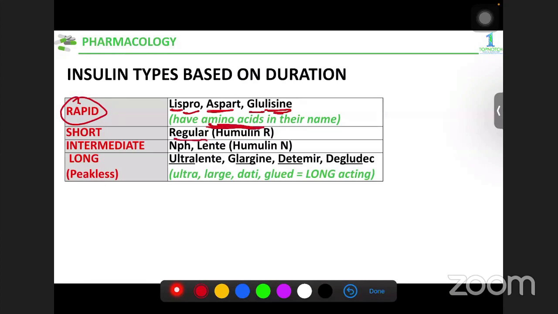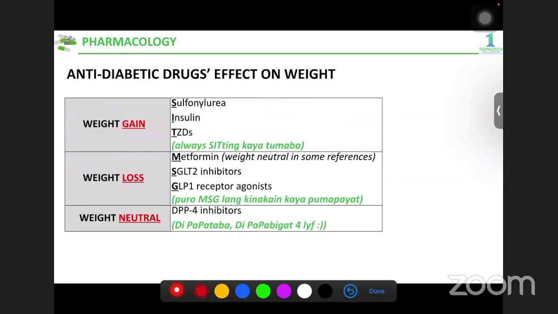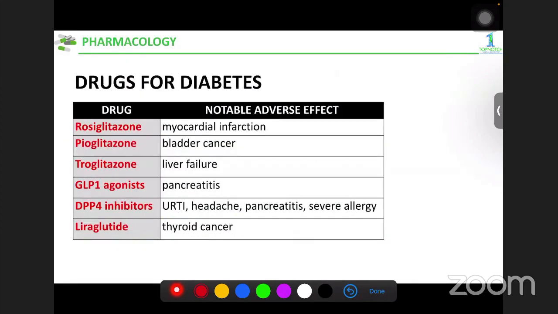Then your regular is the short-acting. Then NPH is the intermediate-acting. Then ultralente, lente, detemir, glargine, these are long-acting. So remember: ultra, lente, detemir, glargine. Glargine, like it's glued, right? These are long-acting insulins. We discussed this earlier.